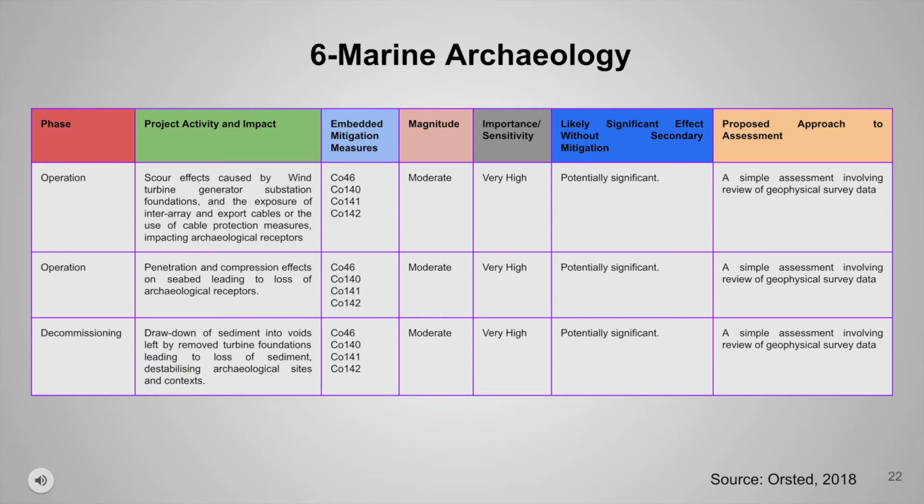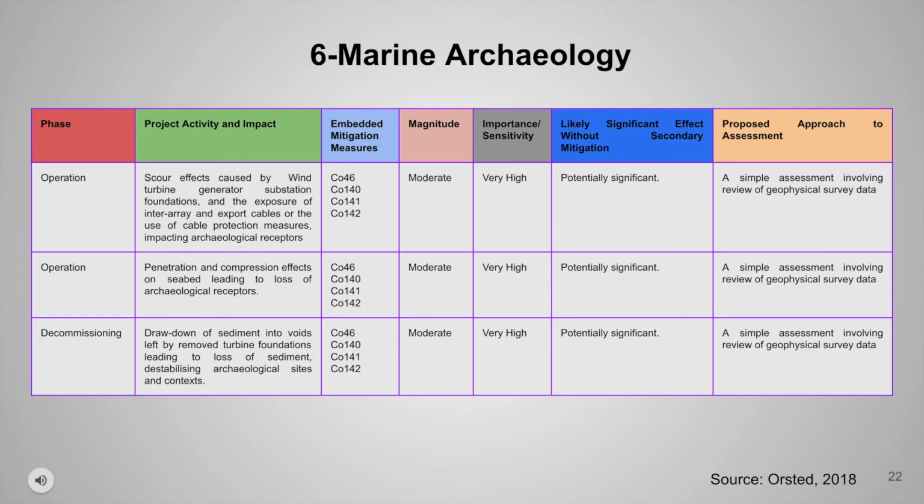The sixth category is marine archaeology. In the operation phase, the effects are caused by the presence of wind turbine generator and substation foundations and the exposure of inter-array and export cables or the use of cable protection measures, impacting archaeological receptors and exposing such material to natural, chemical, or biological processes and causing or accelerating loss of the same.